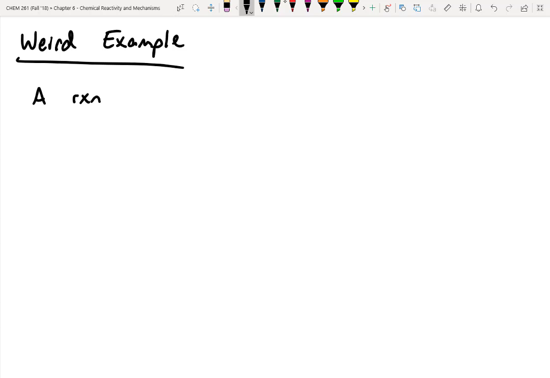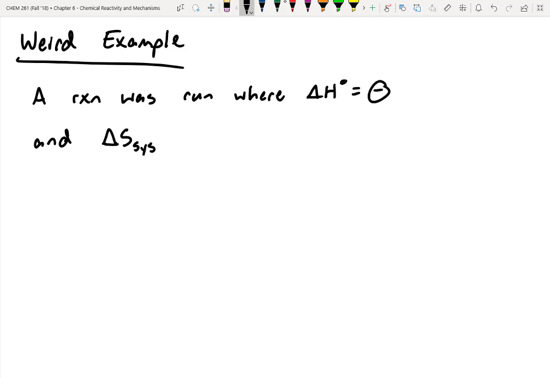A reaction was run where delta H naught was found to be a negative value and delta S of the system was found to be a negative value. Is this reaction spontaneous?